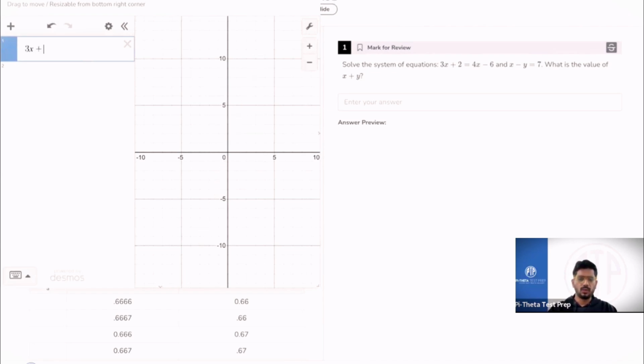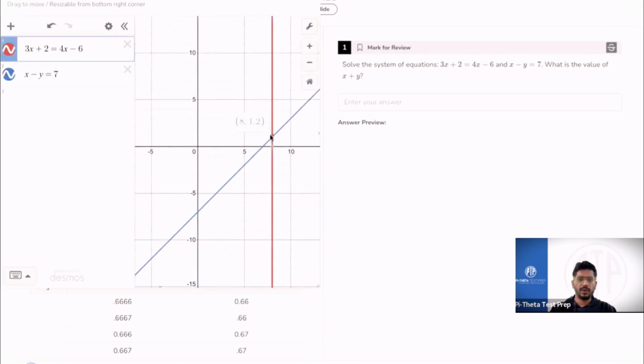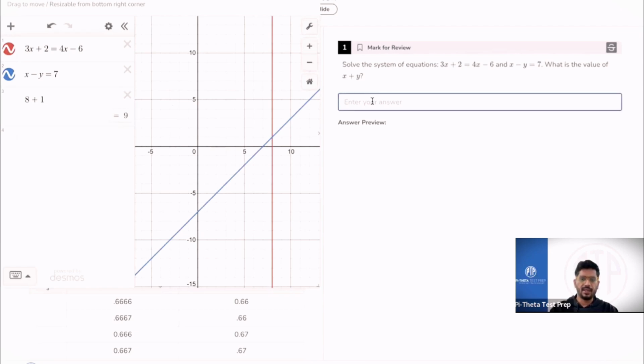So 3x + 2 = 4x - 6 is on your first tab, and x - y = 7 is on your other tab. Now check the point of intersection. Your x coordinate is 8 and y coordinate is 1, and read the last line. They're asking for the value of x + y, which is 8 + 1. So I'll write 9 here and we'll move on.